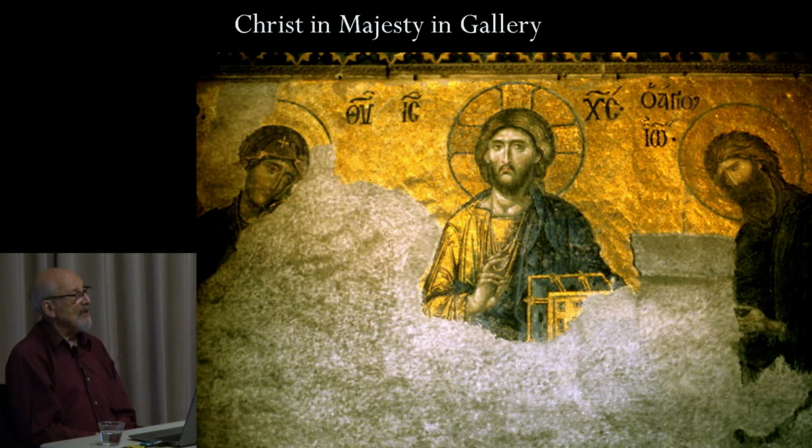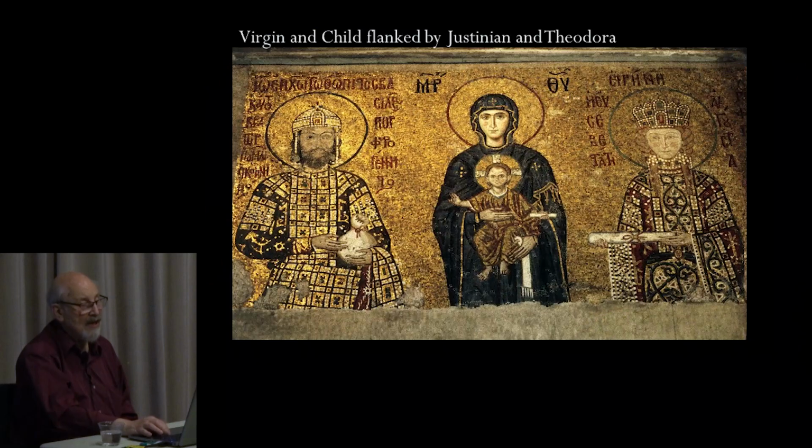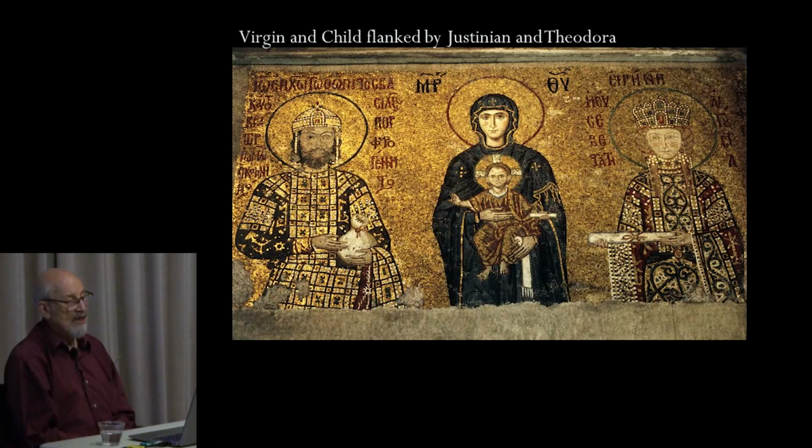I think they're covered in curtains now and only opened up on certain days for visitors. But there is Christ in Majesty, flanked by two saints, and in this one, the Virgin and Child, flanked by Justinian and his wife Theodora, who are totally magnificent.